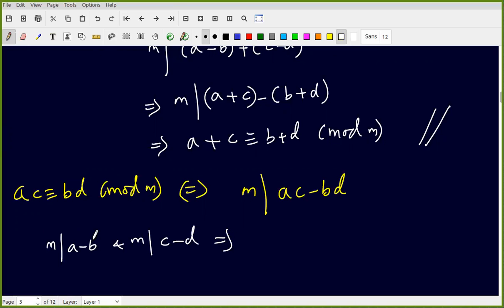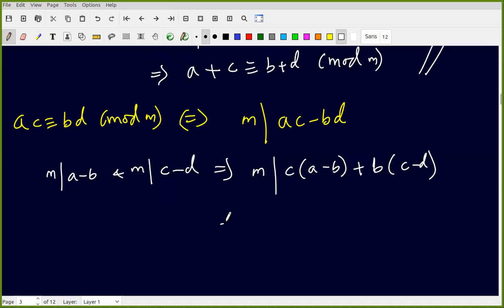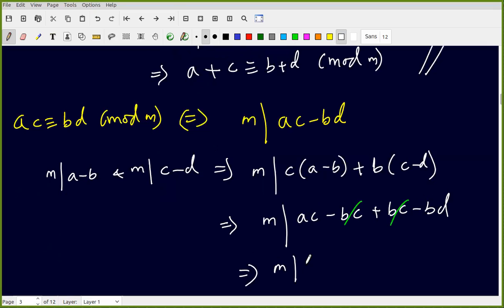Here we need AC on one side and BD on the other. So what we are going to do is multiply A minus B with C and C minus D with B. Multiplying, I write the linear combination: C times A minus B plus B times C minus D. Since M divides A minus B and C minus D, it also divides their linear combination. So we write M divides AC minus BC plus BC minus BD. The minus BC plus BC cancel, which implies M divides AC minus BD.